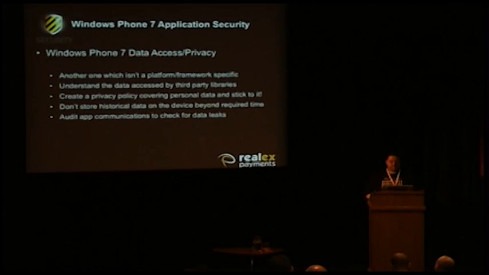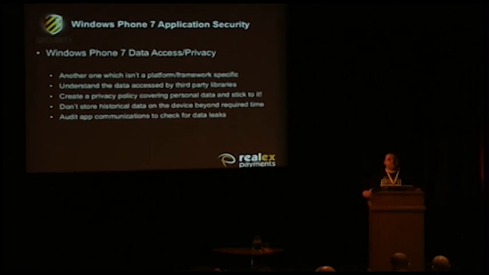And then data access and privacy. Again, I think this is one, actually, which isn't even application security specific, let alone mobile app security specific. Because you should already understand the types of data you use and access in your business.